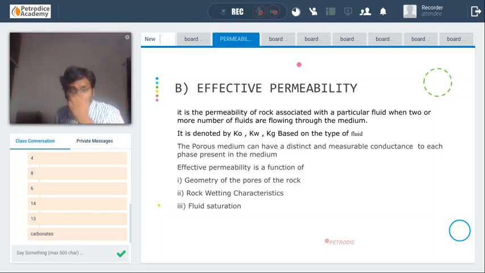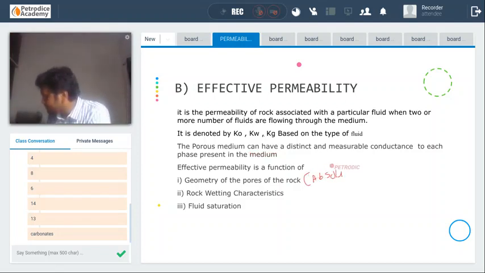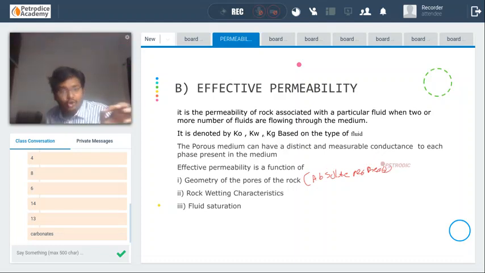Each effective permeability is a function of the geometry of the pores of the rock, that is, the absolute permeability. Next is the rock wetting characteristics. As I told you, when two fluids come into play, the capillary pressure, that is the wettability of the rock, will come into play. So that viscous regime will also affect the effective permeability.